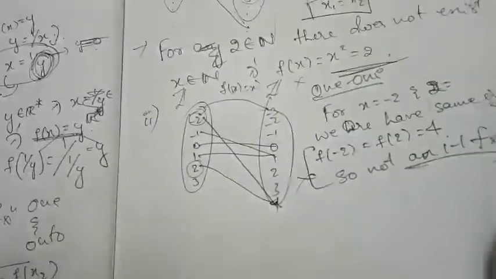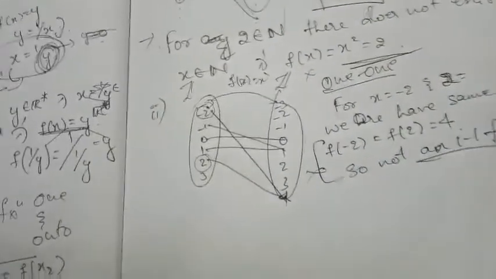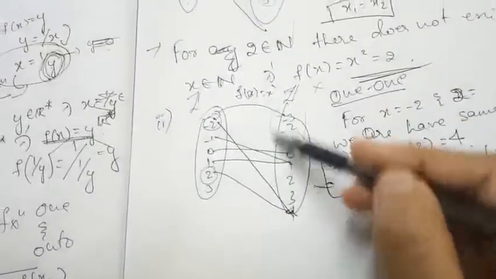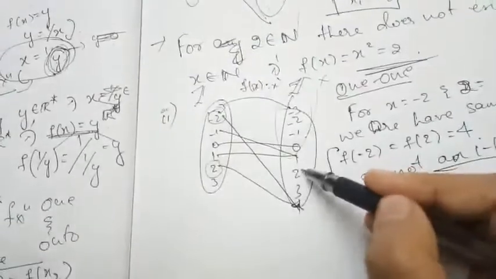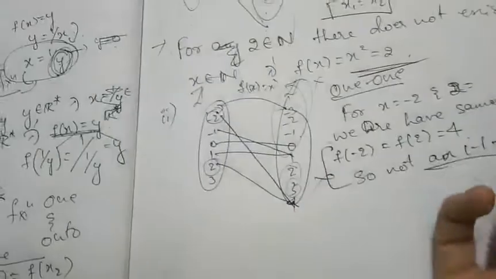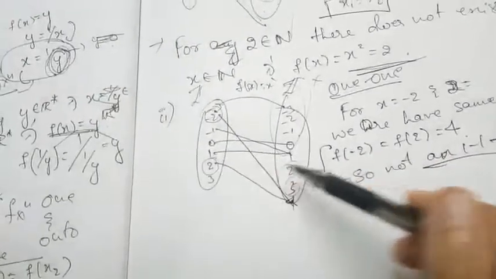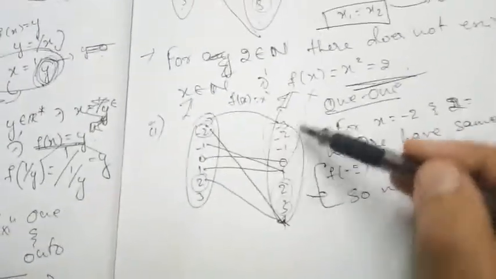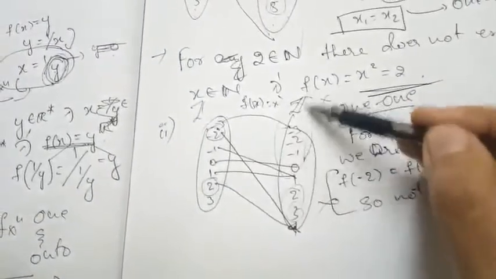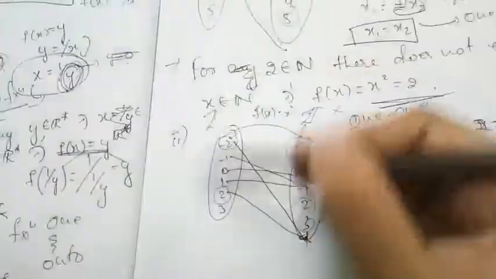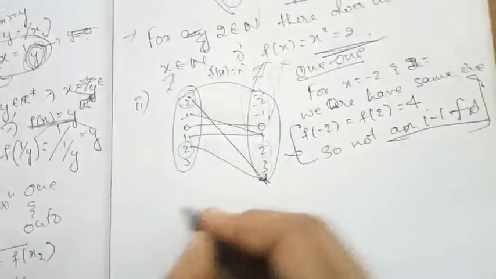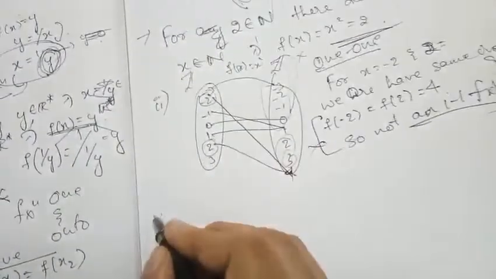Next, for the onto function, clearly none of the negative numbers will come here. Even here there are certain numbers which will not at all have the image. Another thing is, none of the negative numbers will be the square of any number present in the set of integers. So you can say it is not an onto.